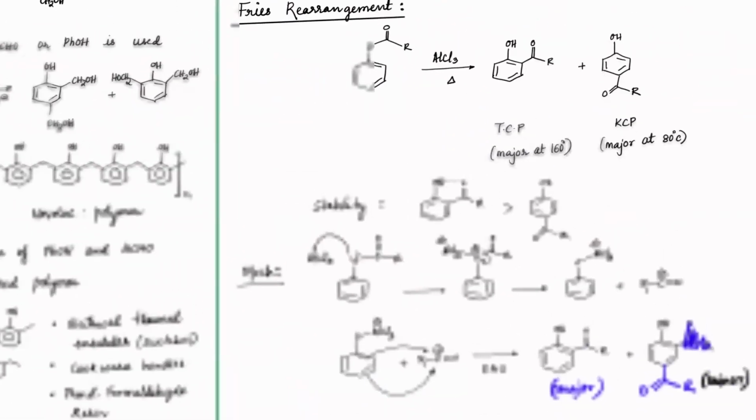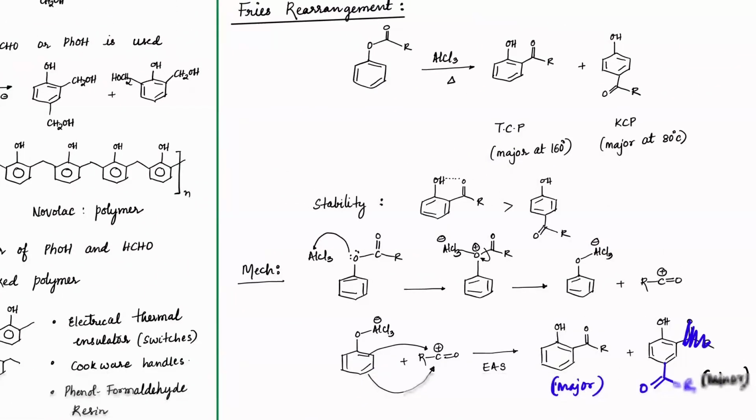Next is Fries rearrangement. Okay, that is if you have an ester on benzene here, correct? So with AlCl3 and heat, this will become a phenol and this C double bond O R will connect on ortho or para position. This is a very exceptional reaction where the TCP is ortho and KCP is para.